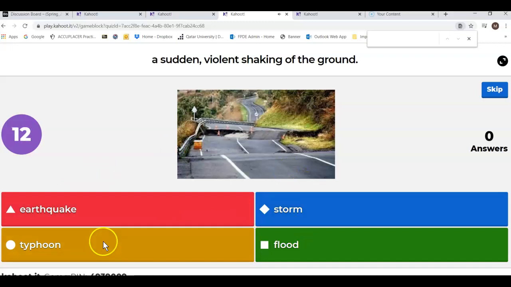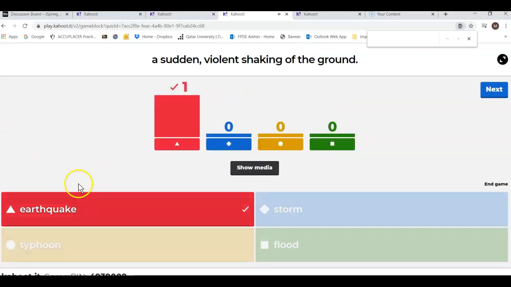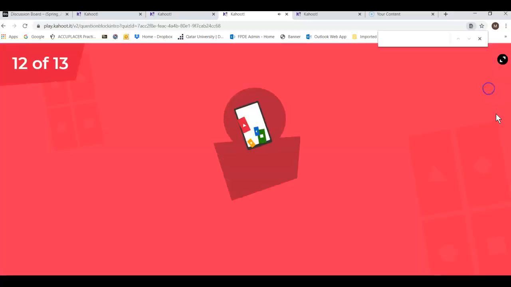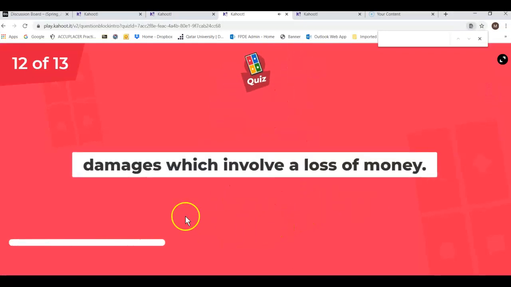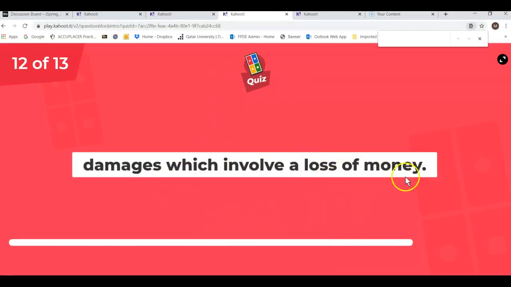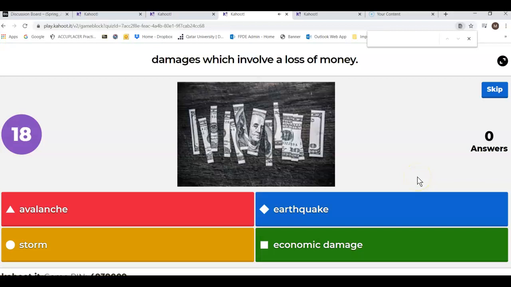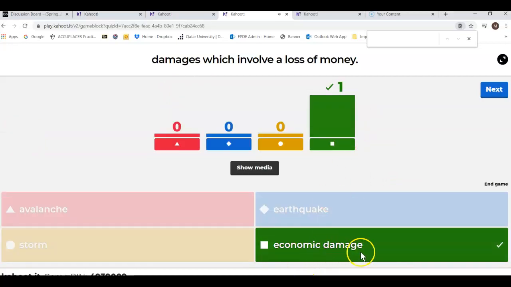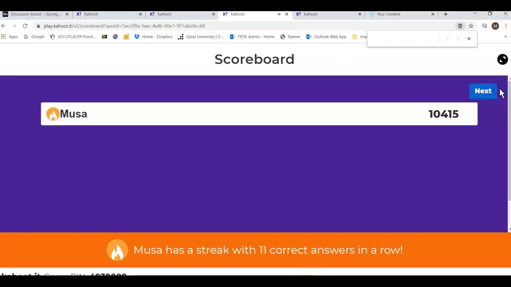Which one of these? It's an earthquake. هزة أرضية. An earthquake. Damages which involve a loss of money. When you lose a lot of money in business or something, we call this economic damage. خسائر اقتصادية. Economic damage.